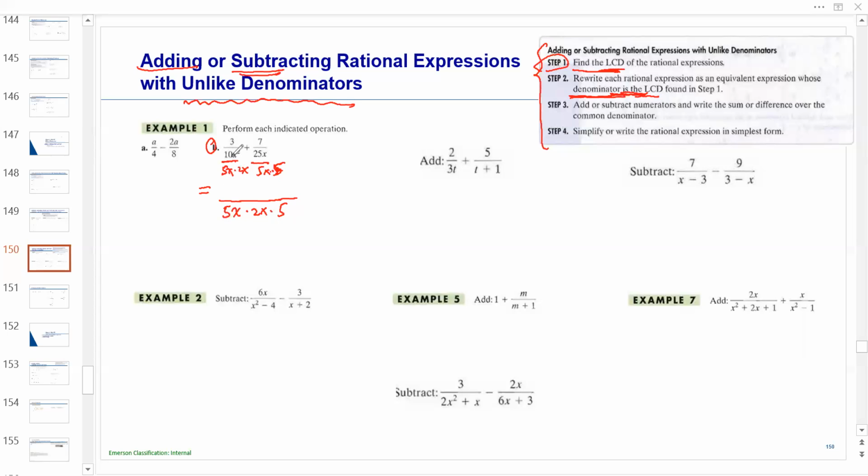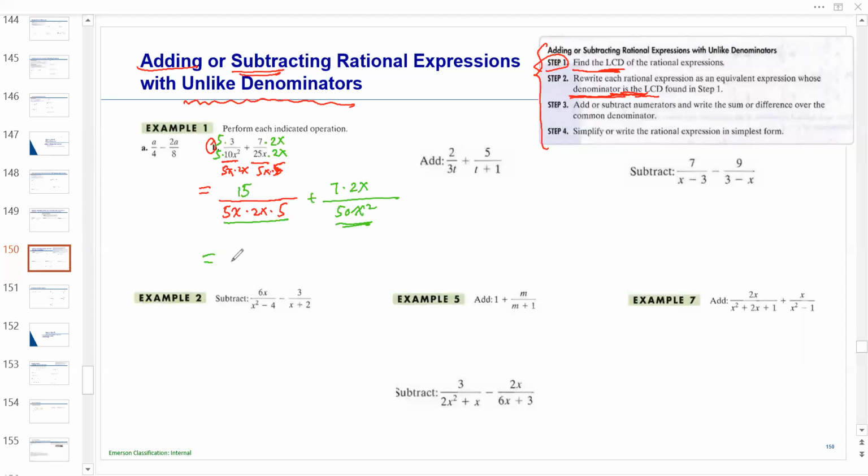That means here we need to multiply by 5 times 5, and here by 2x times 2x. So you get 15 plus 7 times 2x, over 50x squared.